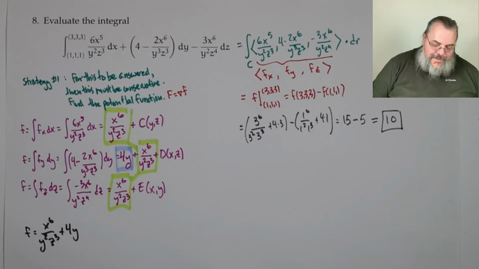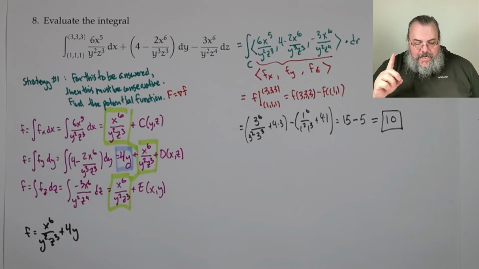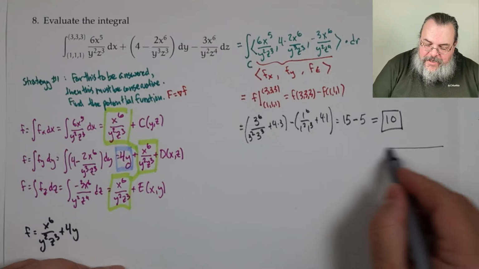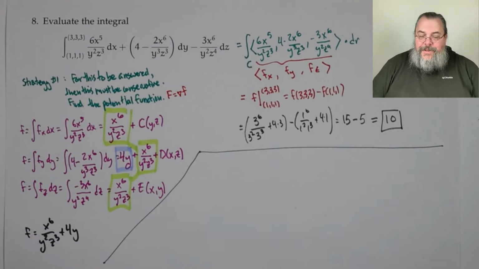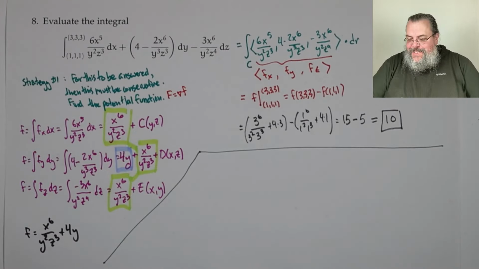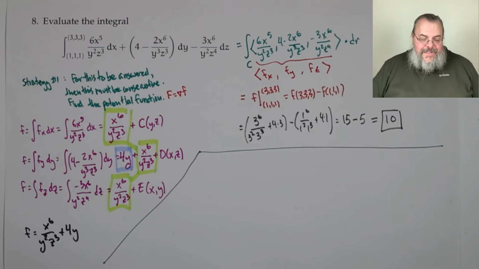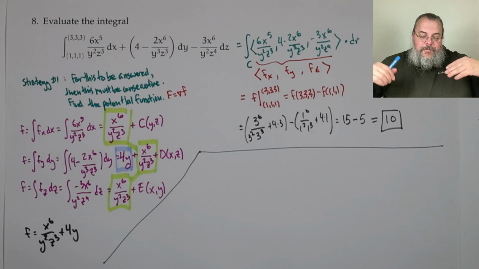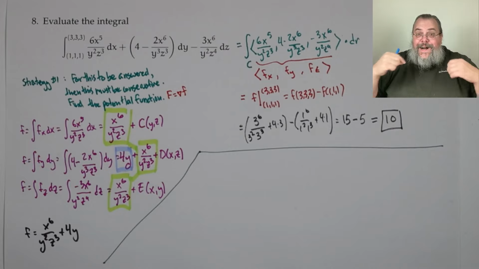Good, good. Now, that was strategy number 1. But we don't call something strategy number 1 unless there's a strategy number 2. And here's strategy number 2. It's to say, well, you know what? Because it's conservative, I get to pick the curve.